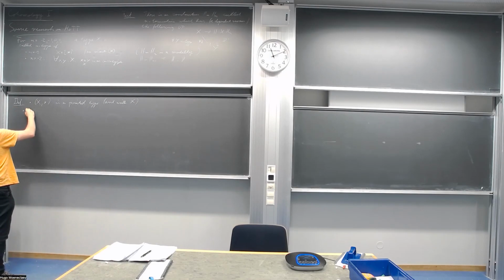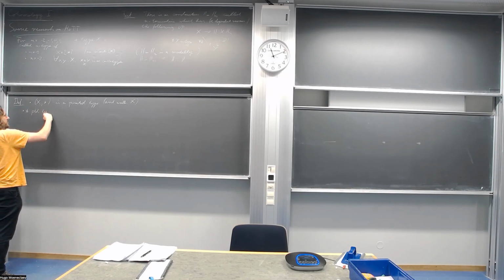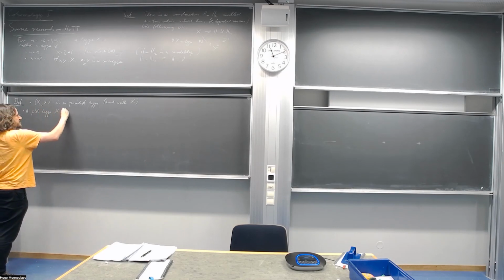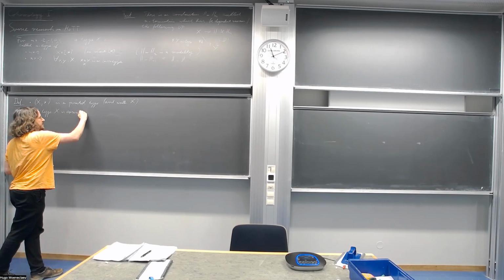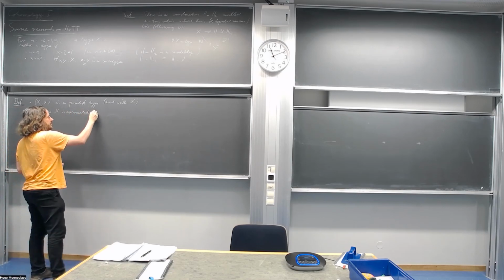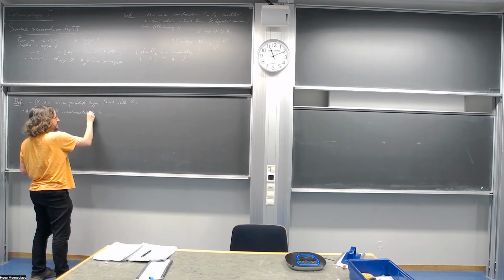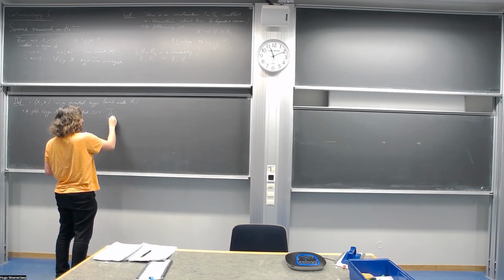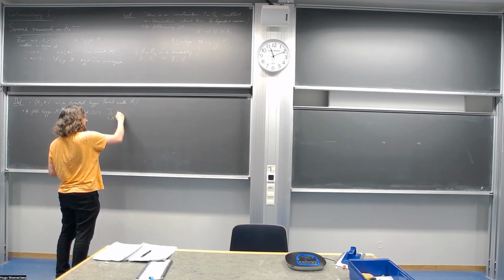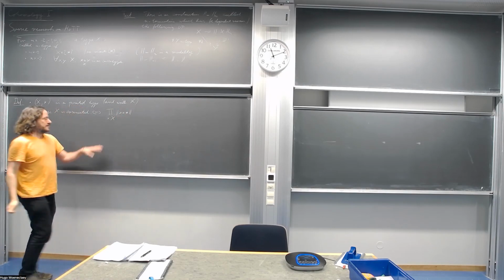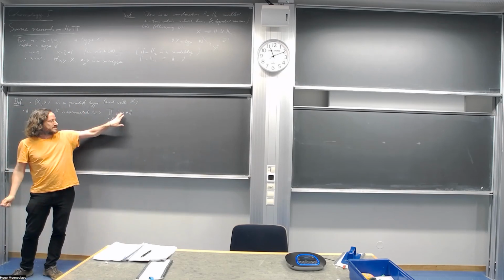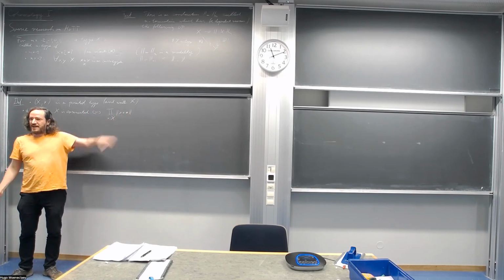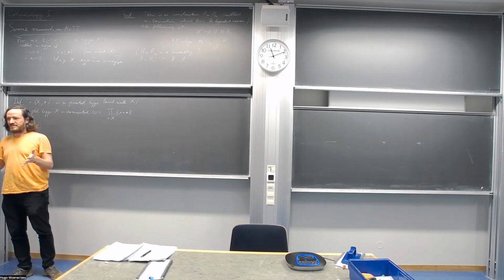Okay, and a pointed type X is connected means, the definition, for all x in X, x equals the star, but only propositionally truncated.